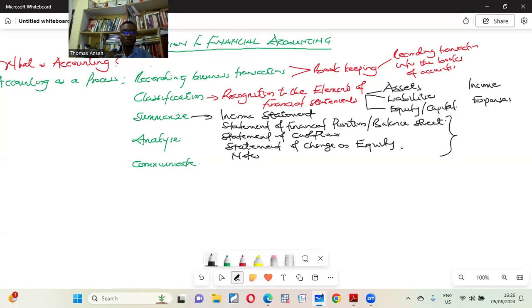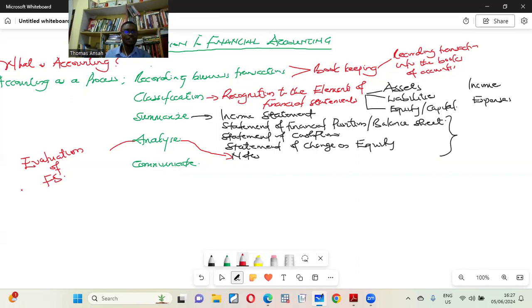All right, so when you are doing it, you are going to do this. But at each level, you learn each one at each level. You don't learn all the 5. The last one of the 5 actually delves into what we call analysis. So you are going to analyze the financial statement. You are going to do what we call evaluation, so that some people will understand.